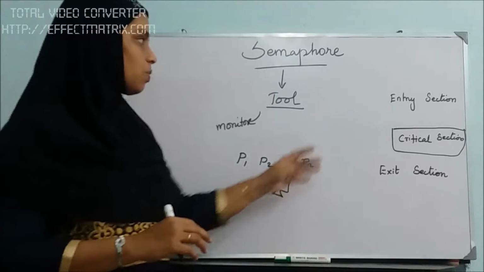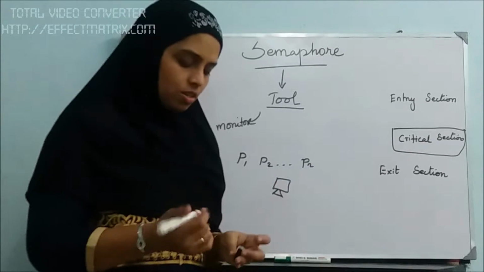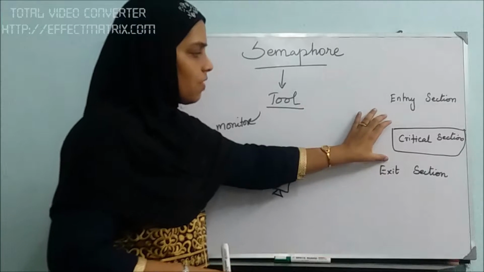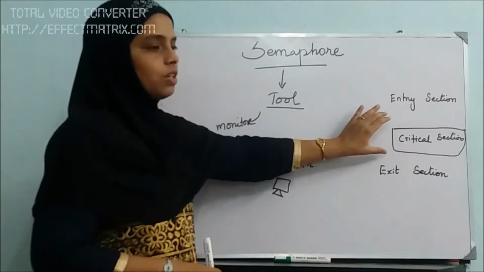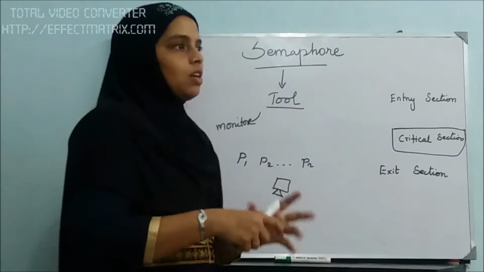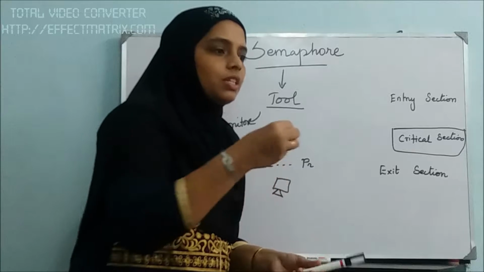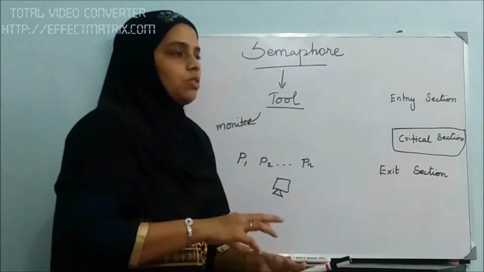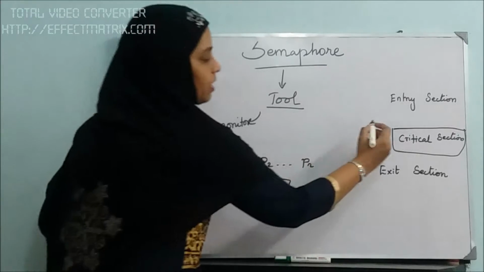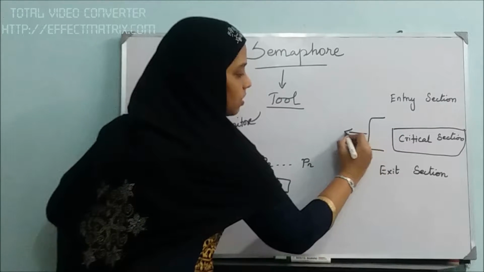Usually the system executes the three sections one by one without any problem. But whenever the system executes the critical section, it faces a lot of problems. That means no other process should interfere in the execution. That is why this section is called the critical section.